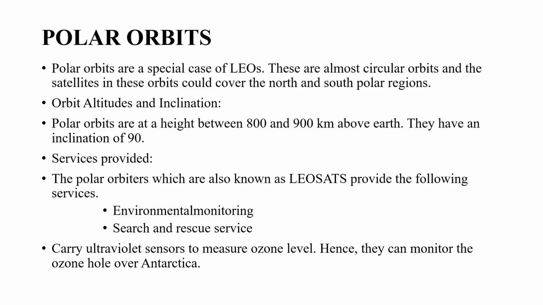Polar orbiters, also known as LEOsats, highly support environmental monitoring and are mainly used for search and rescue operations. They carry an ultraviolet sensor to measure the ozone level, so the health of the Earth is also monitored, which means they can monitor the ozone holes over Antarctica, and the information is given to the Earth station.